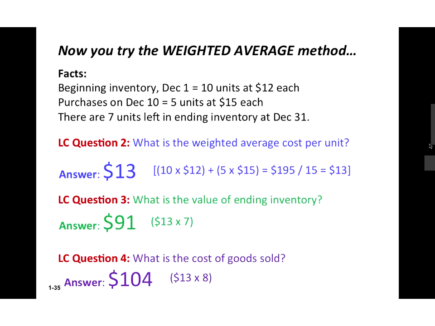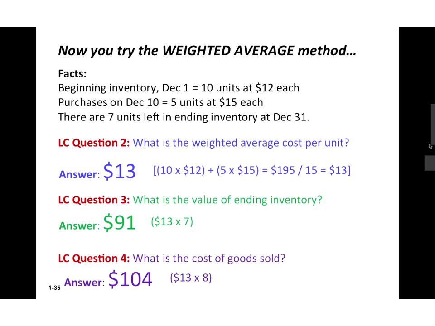Okay, so our answer is 104, which is the $13 times the 8 units. So those are weighted average. Now, weighted average is the second of the 4 methods. So we have specific unit, which can only be used in specific circumstances, and we have weighted average.